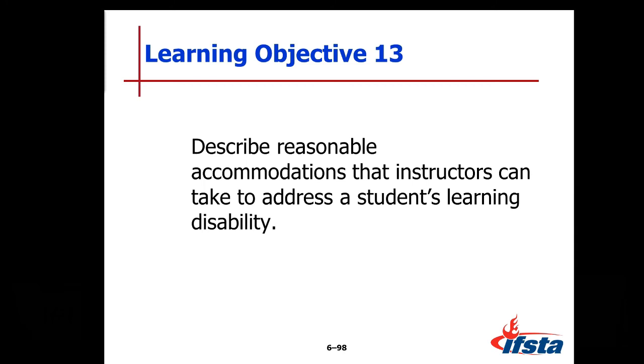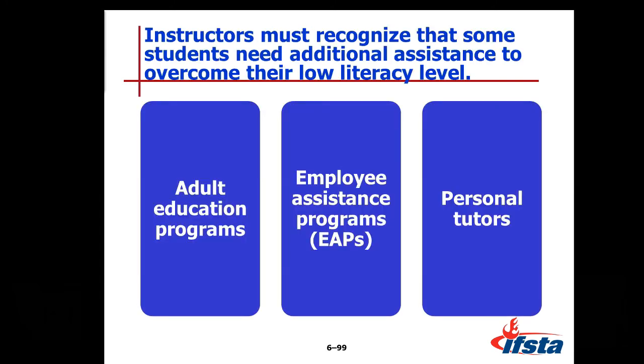As Chris said earlier, we talked about the student in Brown County who was deaf, who had to have a translator go through fire school with them as well. Some students are going to need additional assistance to overcome their level of literacy. So there are adult education programs.